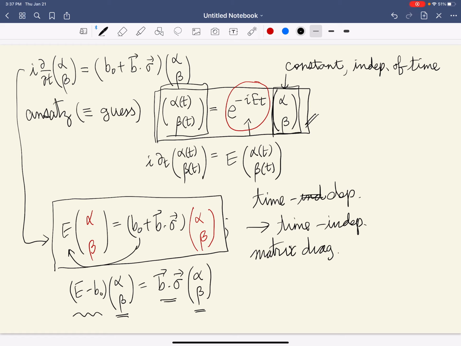Okay, and we are rather familiar with this situation in linear algebra, because in linear algebra, such a vector is called the eigenvector.